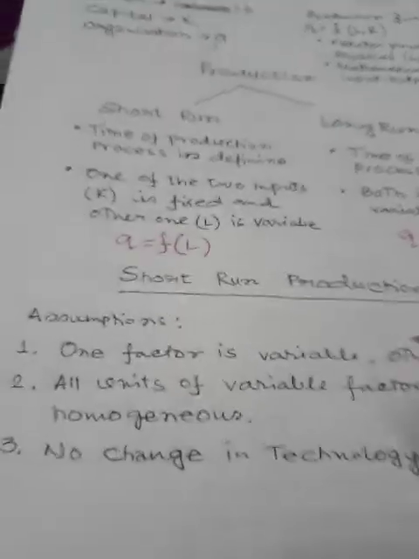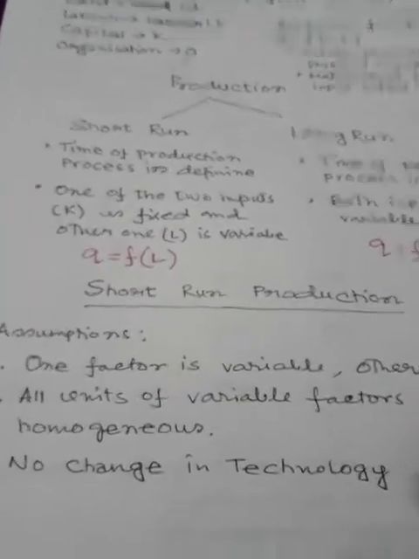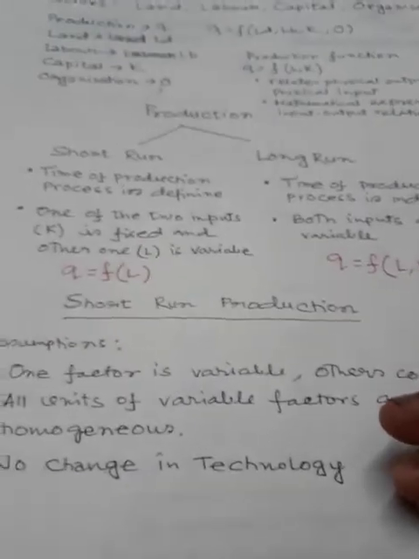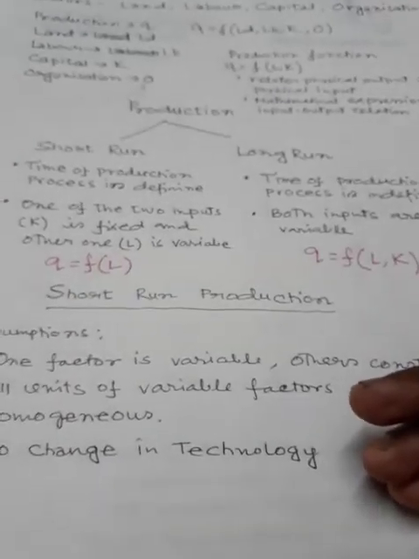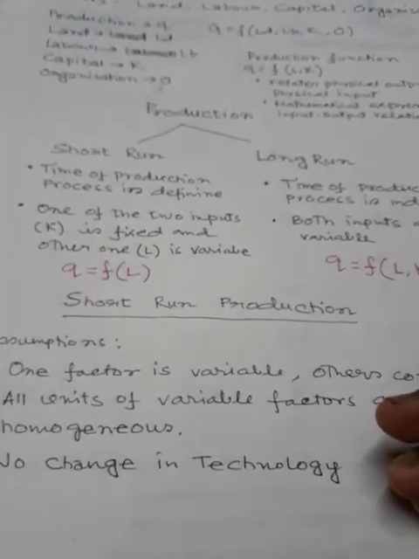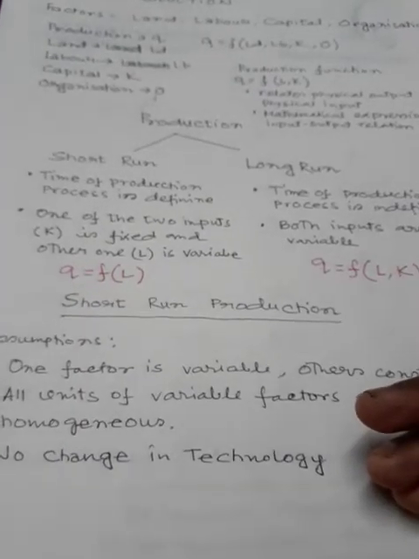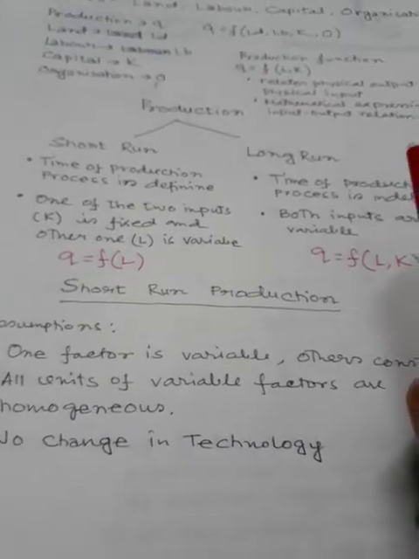Now, all units of variable factors are homogeneous. This means the variable factor here, which is labor, the assumption is that all labors are equally capable. It is not like this labor is very strong and the other one weak.